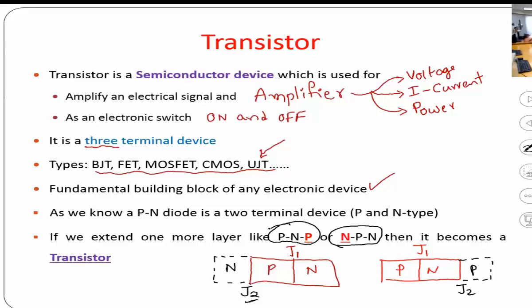Throughout this course, you will see an NPN transistor. Even down the line, the PNP operates exactly in the same way as an NPN, except the biasing will be opposite. Meaning that if you provide positive voltage somehow to an NPN, PNP requires a negative voltage to operate.